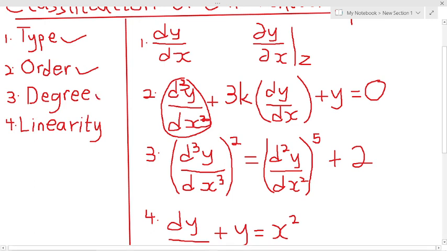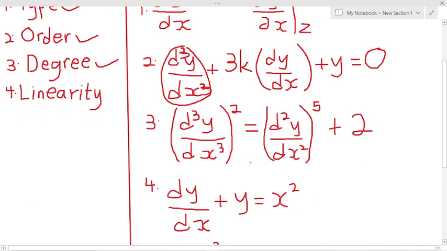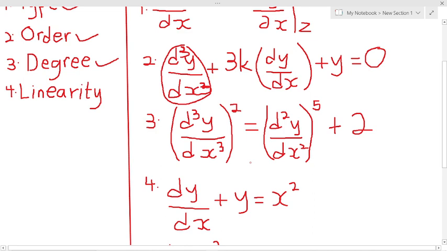The next type is the degree. The degree of a differential equation is known as the power or the index of the highest ordered derivative. What do we mean by that? Let's take this example, example 3.